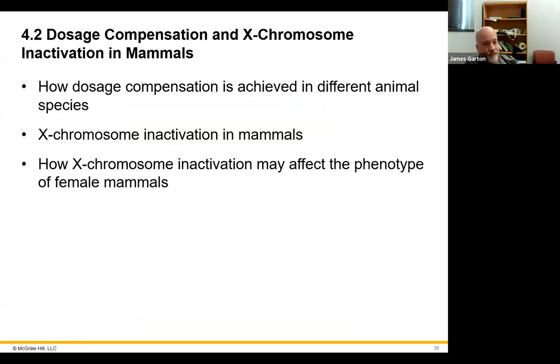Now, there's some kind of hand waving. It's easy to explain why you have two copies of every chromosome. If you assume that there's one gene on each chromosome, that means you have two copies of each gene, so the dosage of the genes that you get is equal. And it's easy to determine that you need the same gene dosage for normal development.